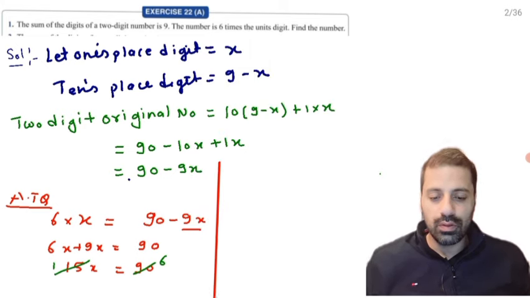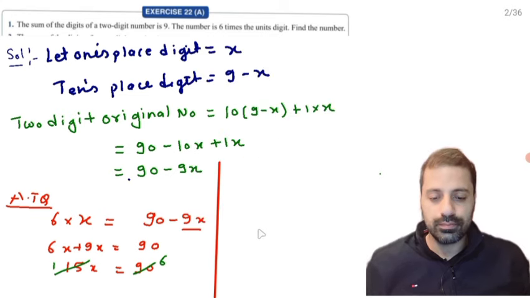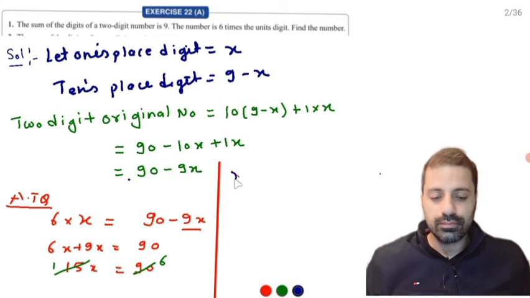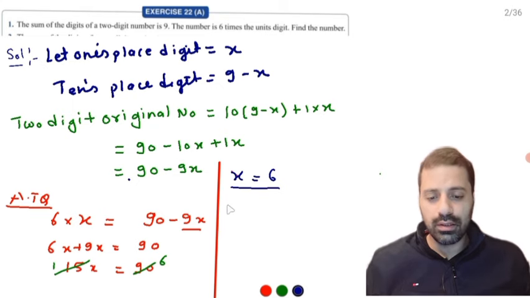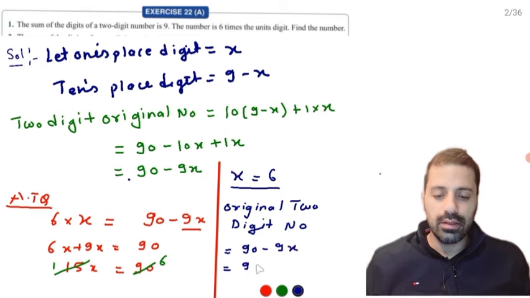Now cancel out: 15 times 6 is 90. So x is equal to 6, but we have to find a two-digit number. So the original two-digit number is equal to 90 minus 9x.